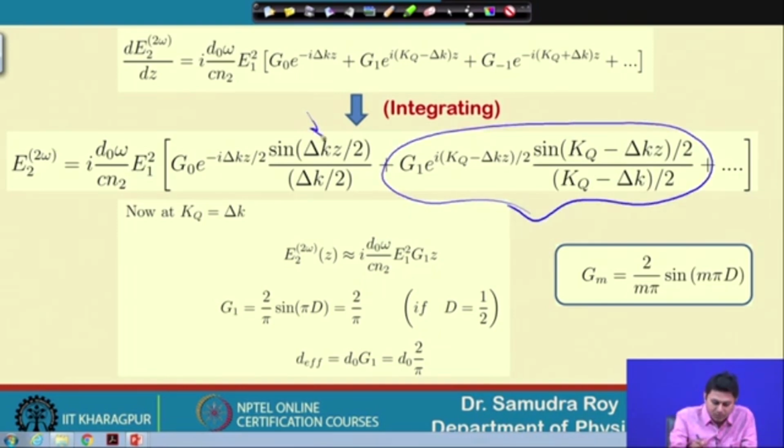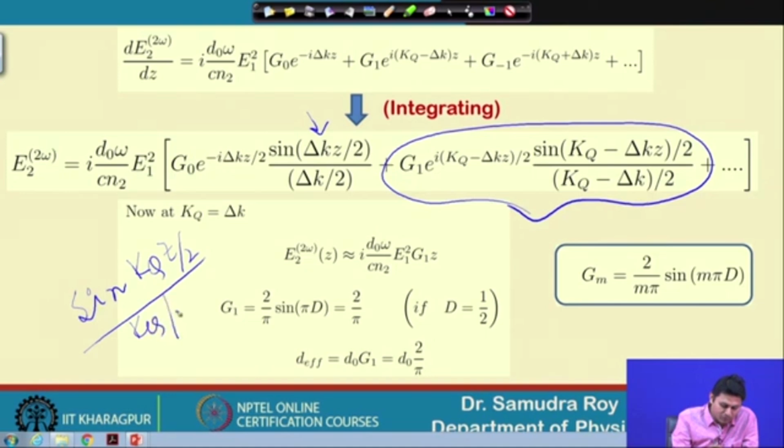Here if I put kq equal to delta k, this term will be sine of kq z by 2 divided by kq by 2. It is not going to get any high value because it is some sort of sine function, or if I write in terms of kq, it is a sinc function. We know that the sinc function has a maximum when these are tending to 0, but here we find that it is not the case.